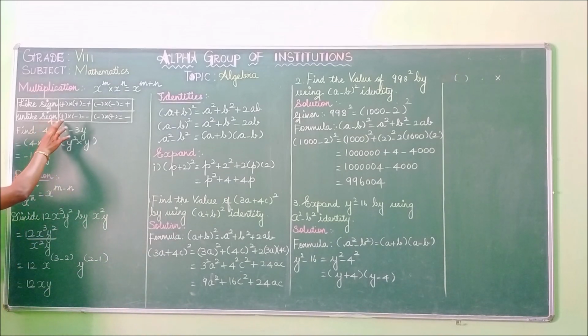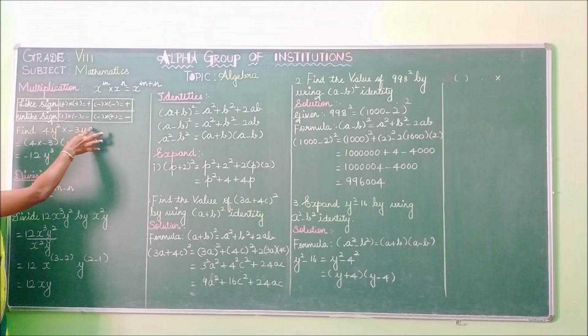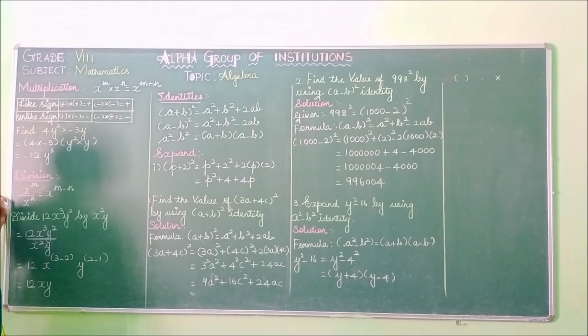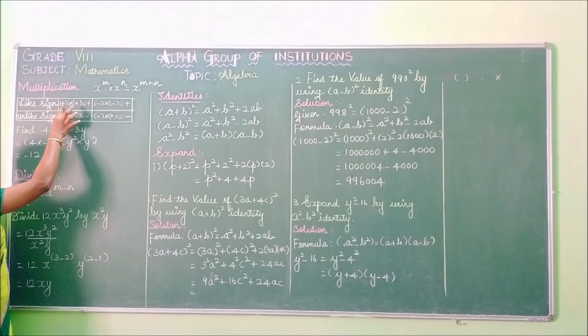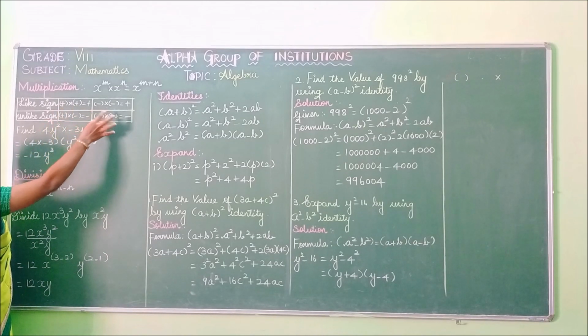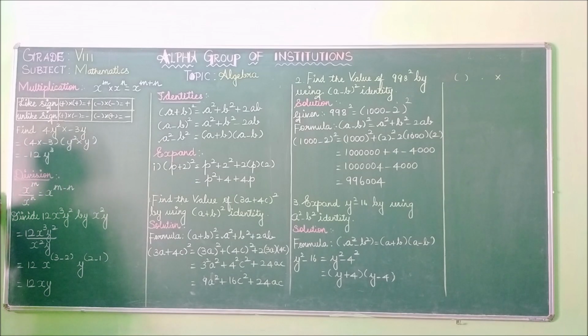If it varies, plus into minus is minus, minus into plus is minus. So this is called a like term. If it is plus, minus, that is called an unlike term.